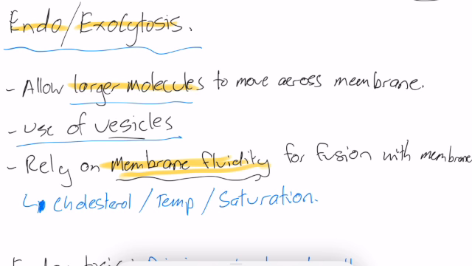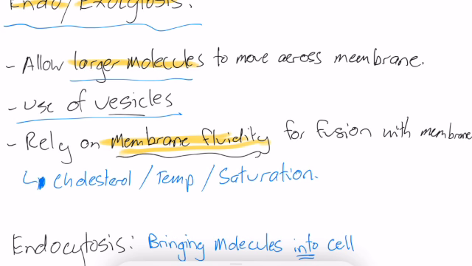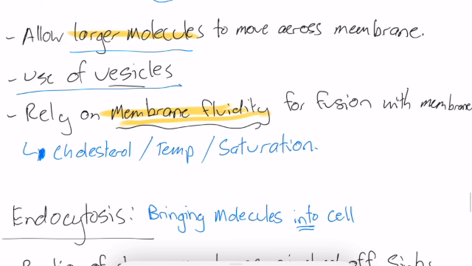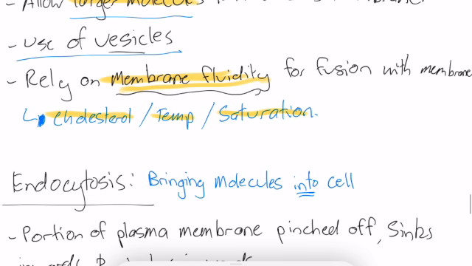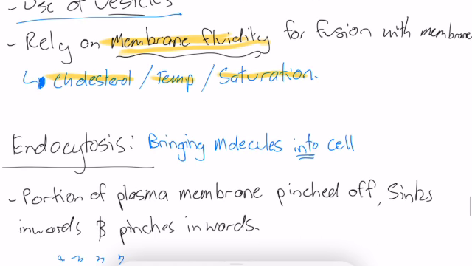So we know vesicles are something which will fuse with the membrane, and then that's how they are sent out of the cell. And we know that membrane fluidity relies on things like cholesterol, which is a good regulator for that, along with things like temperature and the saturation of the fatty acids.